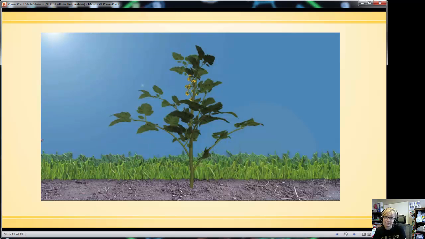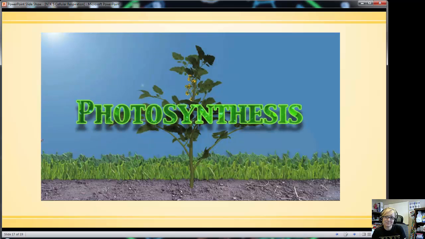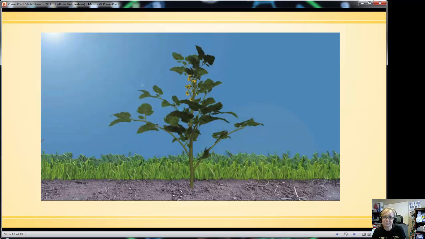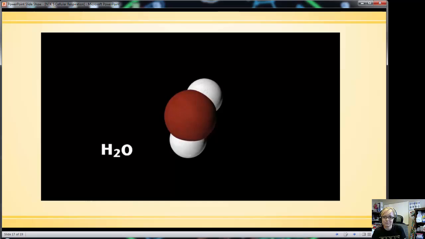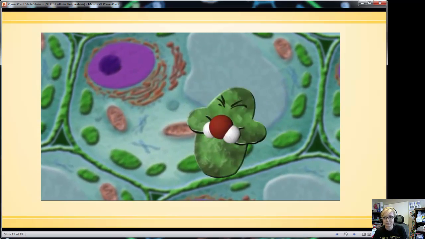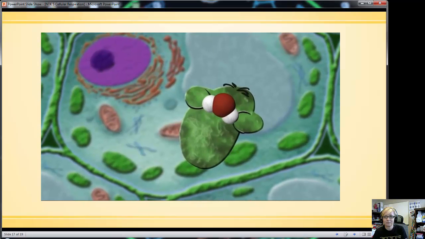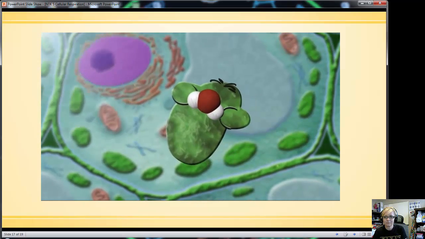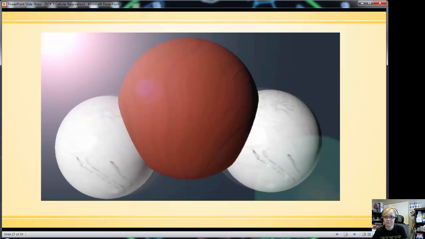By now, you've probably guessed that we're talking about the process of photosynthesis, and you might be wondering when the sun is going to make its entrance. Let's go back to that original molecule of water. The plant has to split this molecule of water so that it can get electrons from it. But the plant can't pull that water apart by itself. It needs help from the high energy rays of the sun.